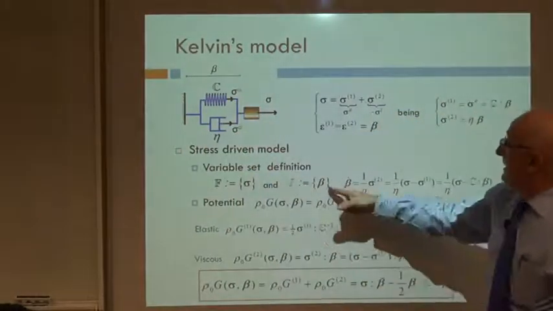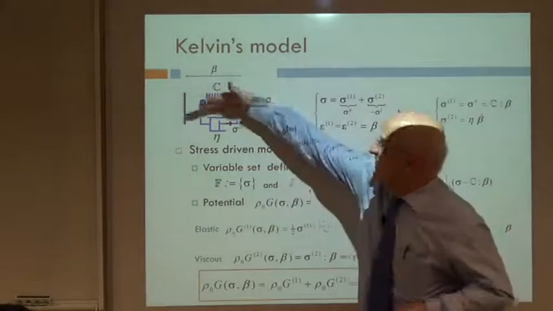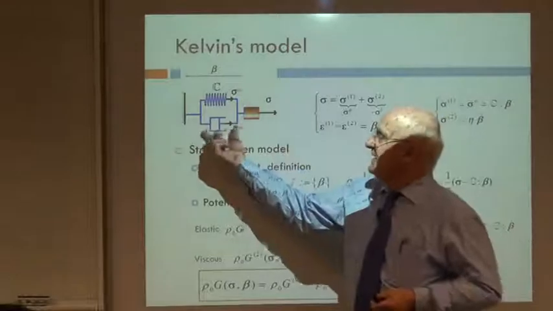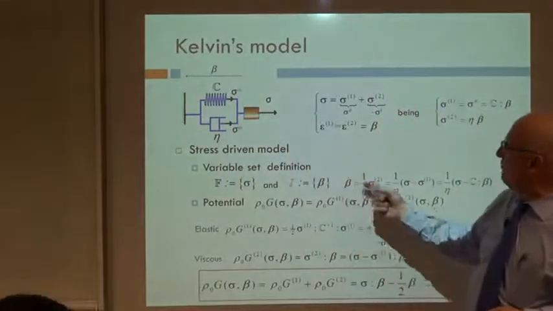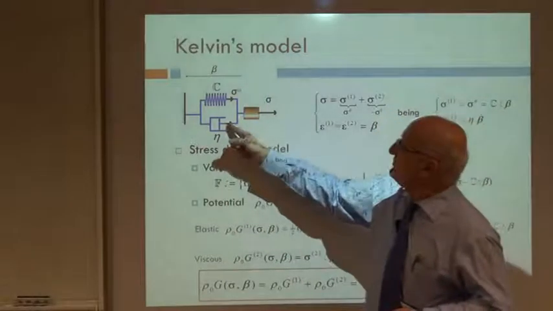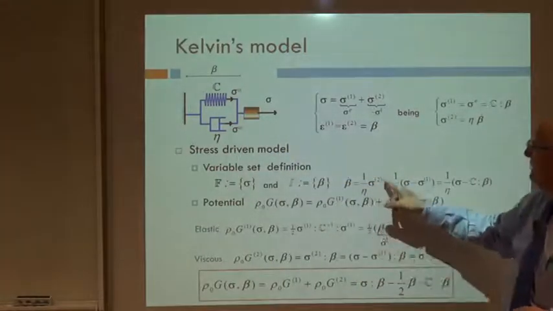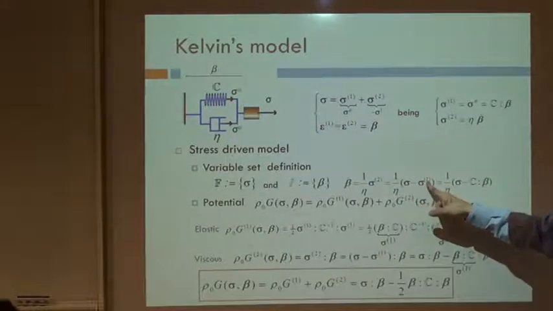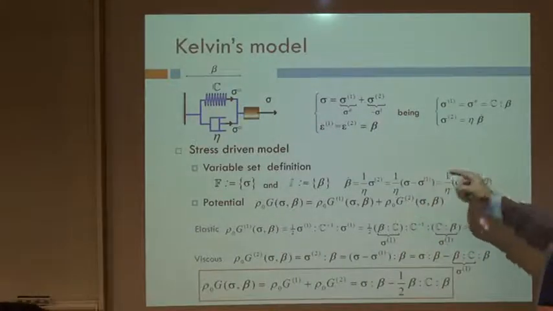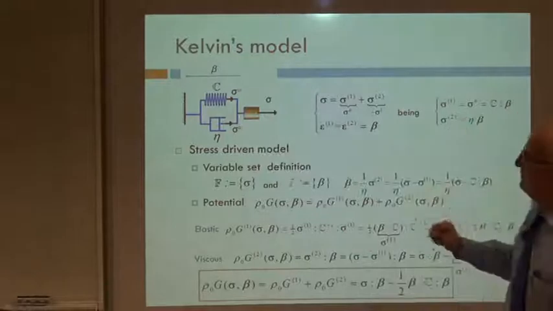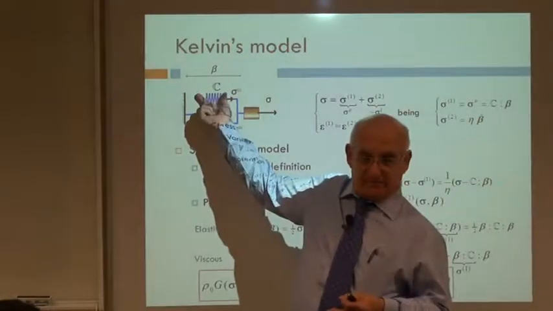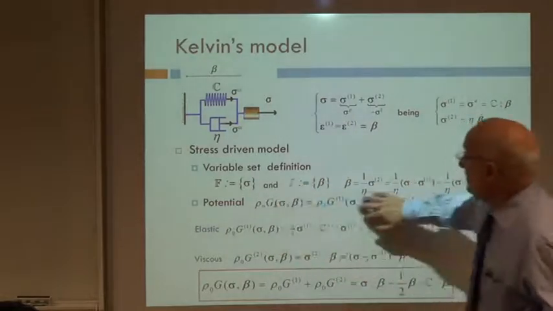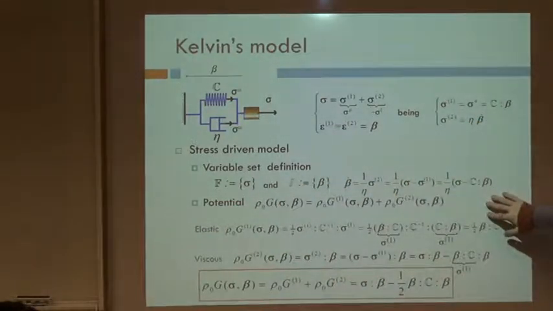Then the evolution equation, looking just at the dashpot, says that the rate of the strain of the dashpot is 1 over eta times the stress sigma 2 on the dashpot, which by the way is the total stress minus the elastic stress. And by the way, the elastic stress is C times beta, which is the strain of the dashpot. So now let's consider the Gibbs potential.